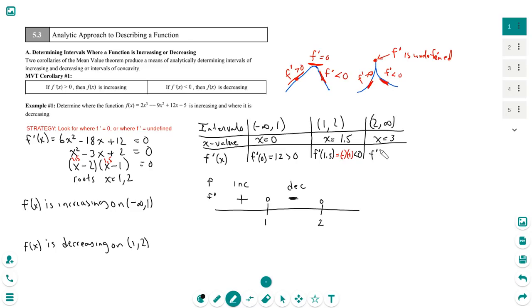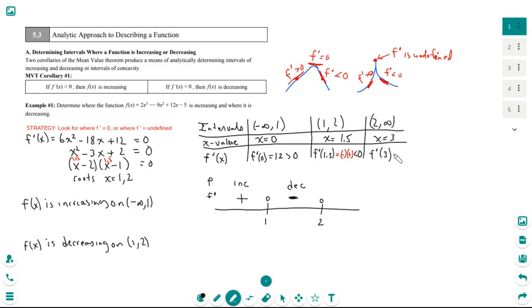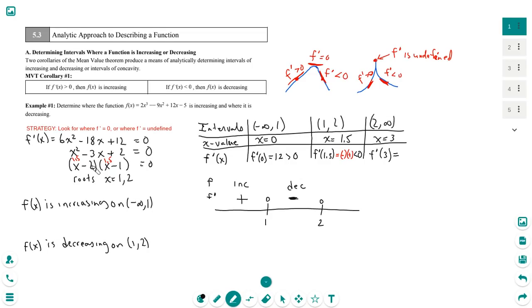Okay, so f prime of 3 is equal to, all right, well, 3 goes in. 3 minus 2, oh, that's a positive. 3 minus 1, oh, that's also positive. And so the product of two positives is something positive. Okay, so I have something positive here. What does that tell you about f?